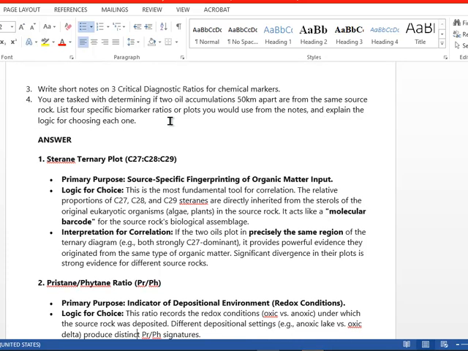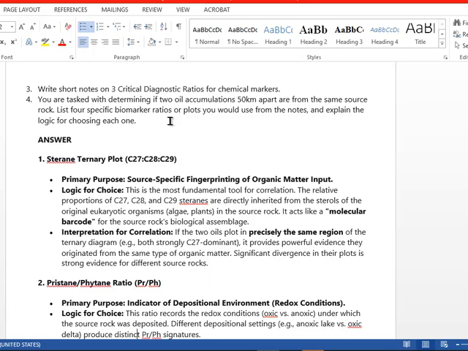Now, this is the trick. Remember, we have two accumulations of oil, so you test both oils for steranes. You expect that if they are from the same rock, then they should have the same type of steranes. For instance, if you test the one at Agbara and the one at Badagry, and they both show C29 steranes as the predominant sterane, you can conclude that it is likely that they are from the same source rock.